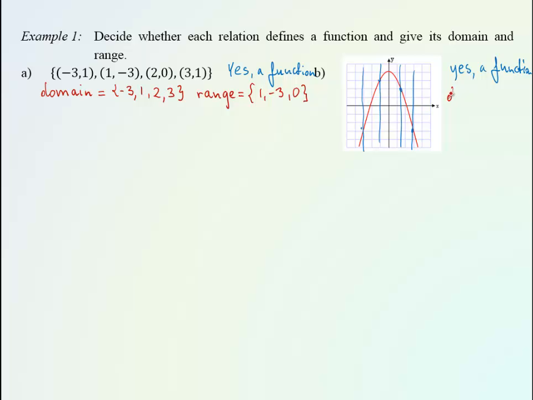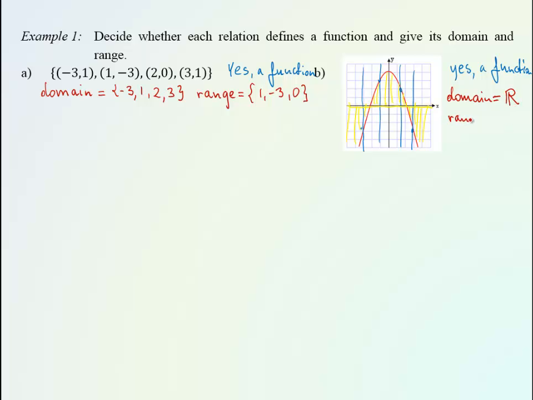Okay, what's the domain? Well, we need to project the graph onto the x-axis, and see which numbers will be covered. Looks like everything on the number line will be covered. So the domain is all real numbers, not a problem here.